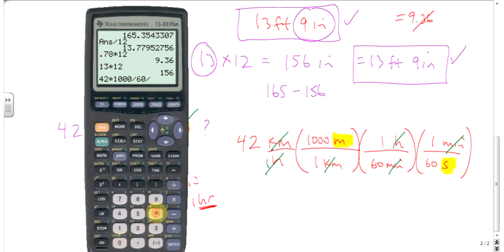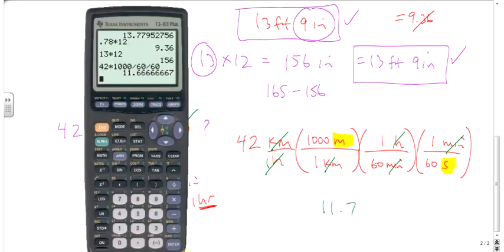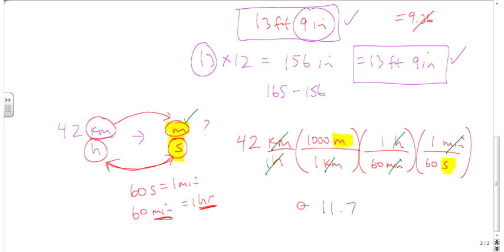And divided by another 60. And that will be my answer in meters a second. 42 kilometers an hour is approximately, to the tenths, 11.7 meters per second. Okay? That's as tricky as they're going to get in this course.